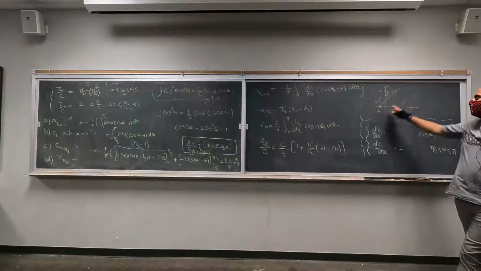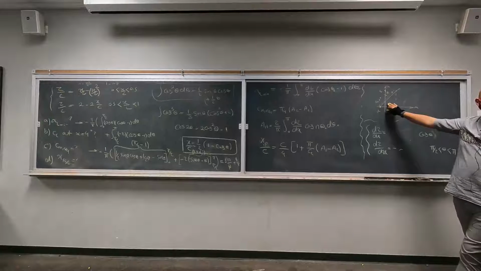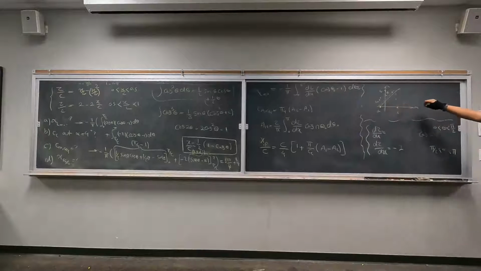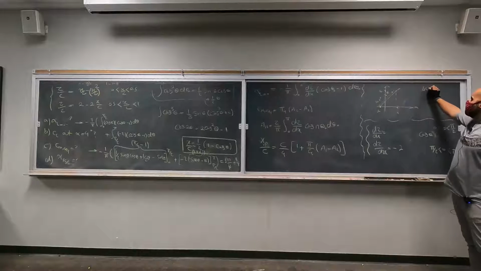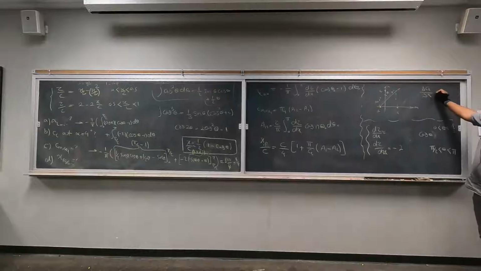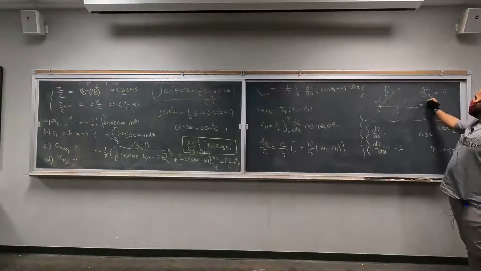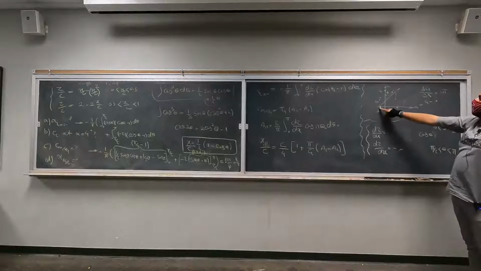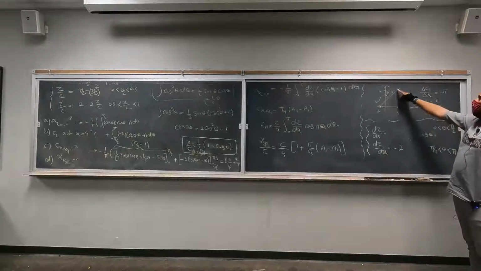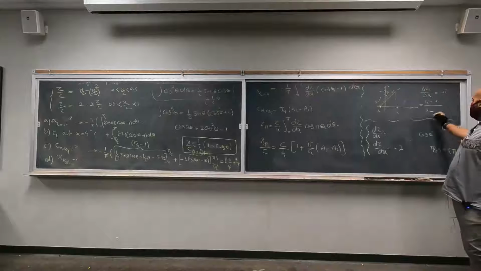How can we find the slope of a line? This is something I mentioned in the previous lecture as well, right? Delta CL over delta alpha equals 2 pi. That's the idea, right? Delta CL is CL at this point minus 0, divided by alpha at this point, 4, minus that value, whatever that is.